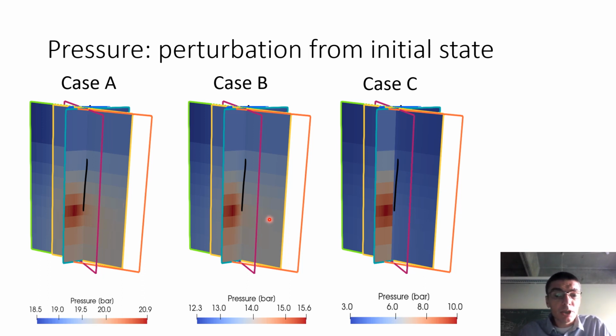This is also the case, although to a slightly lower degree, for case B, the neutral case, and you need to go to case C, the sealing fault 8, in order to isolate the pressure perturbation effect to the north side of fault number 8. This is, as one would expect, but it's still nice to see that the simulation results reflect this intuition.